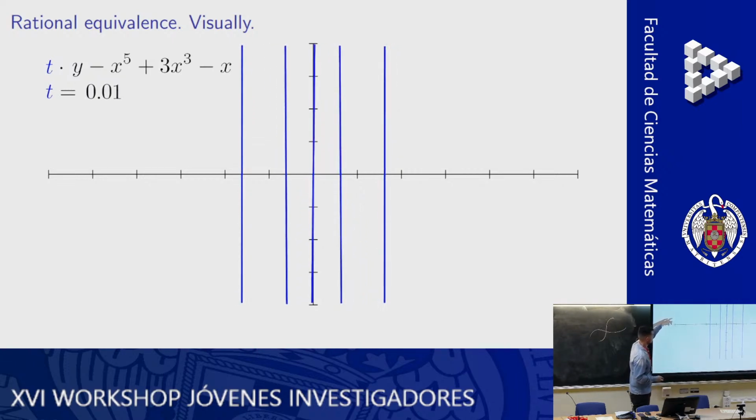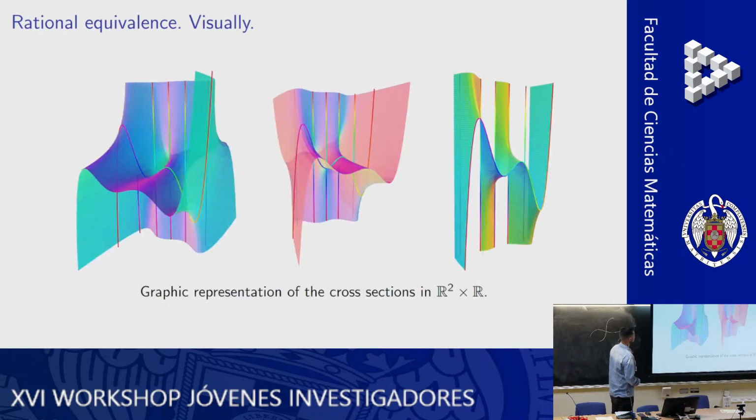For example, we can move t to 0, and we could say that all of these kinds of deformations are going to be in the same equivalence class, which means that two algebraic curves that are a deformation of each other in this manner are going to be rationally equivalent. So, in this example, we see that a curve of degree 5 is going to be equivalent to 5 lines. That's an important part.